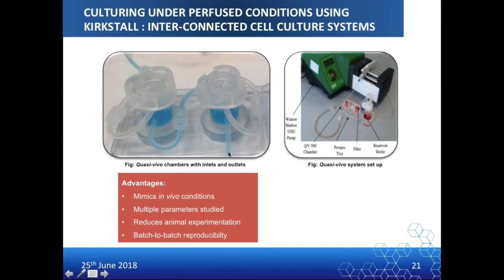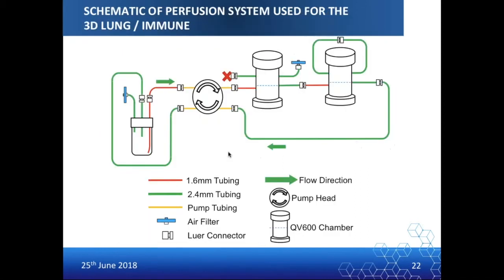And the advantages of such a system is that it resembles the in vivo conditions where you also always have a flow. You can also study multiple parameters. You can also by this method reduce animal experimentation, and you also have batch-to-batch reproducibility.